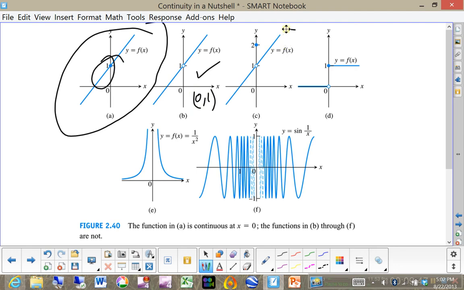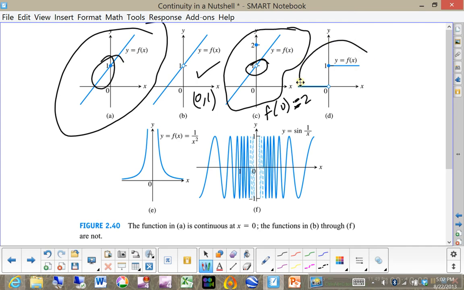In the c example, there's a hole at 0 and 1, but the functional value f of 0 is defined to be 2. Might even sound a little arbitrary, but anyway, it's not continuous at x equals 0. Then next, the step function that we previously looked at is not continuous at x equals 0.